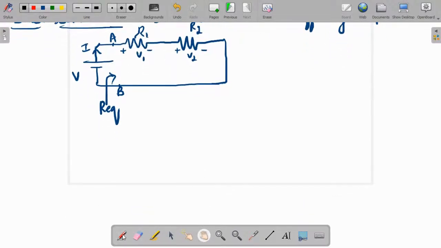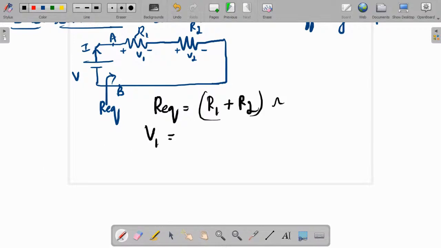Let us see how R equivalent comes out. But that is not necessary from the exam point of view. I will just explain it to you. So here R equivalent is equal to, we know it is two resistors connected in series, so simply R1 plus R2 ohms, right?